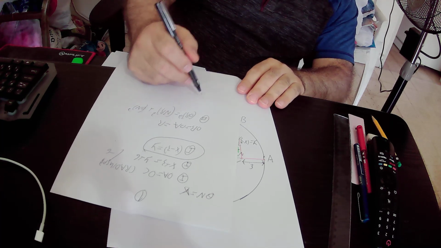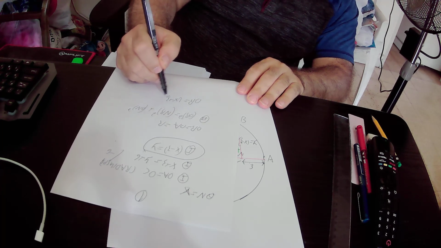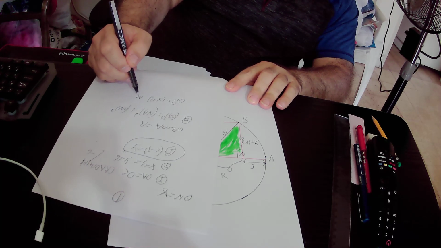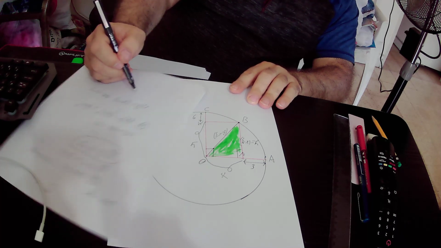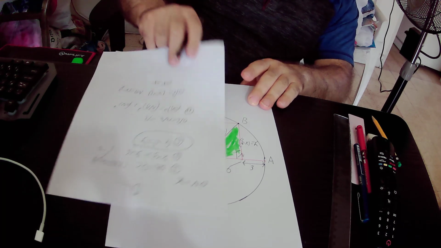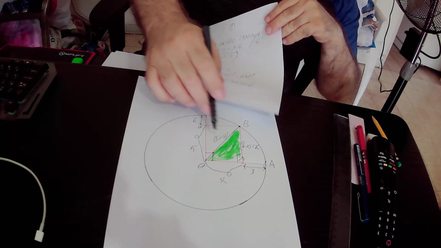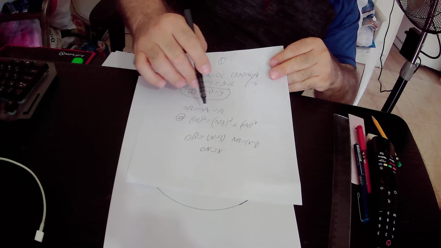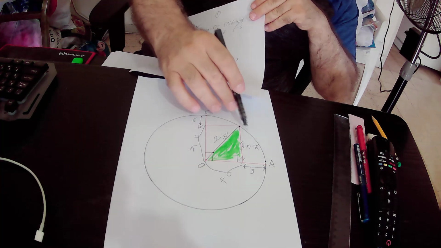OB equals x plus 3, NB equals x minus 3, and ON equals x.